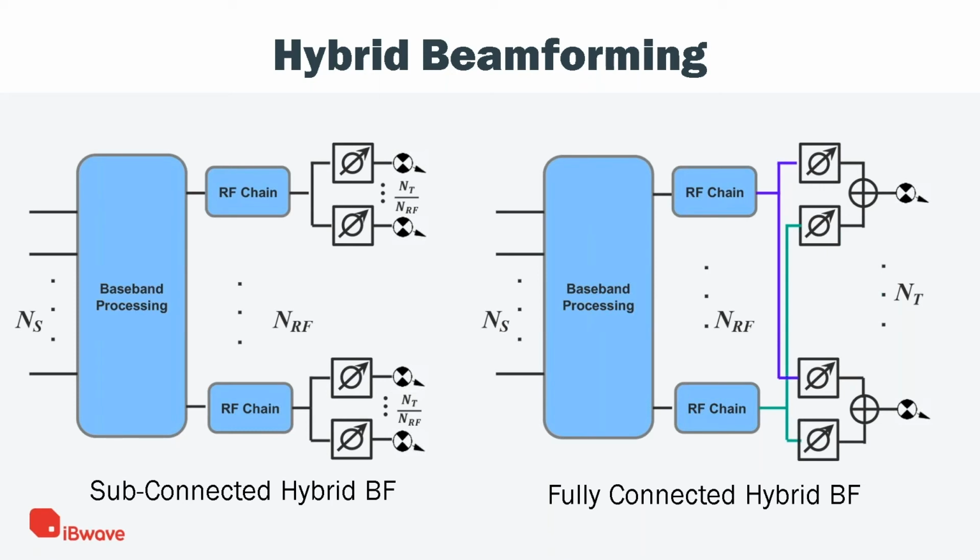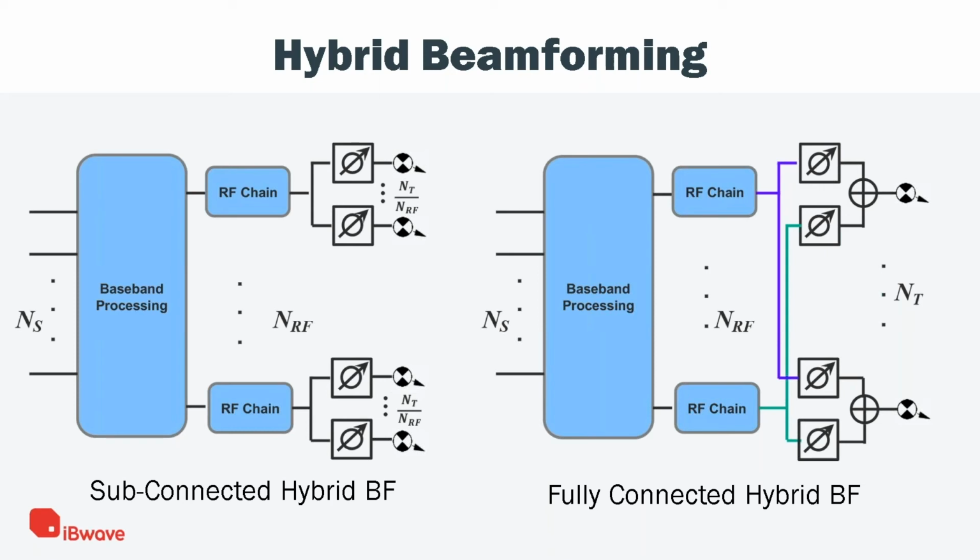In this case, you will have what is called sub-connected hybrid beamforming, because you are not connecting all the antenna elements to each RF chain. The other possibility is what is called fully connected hybrid beamforming. This is what you see on the right side of this slide. You can notice that each RF chain is connected to all antenna elements.